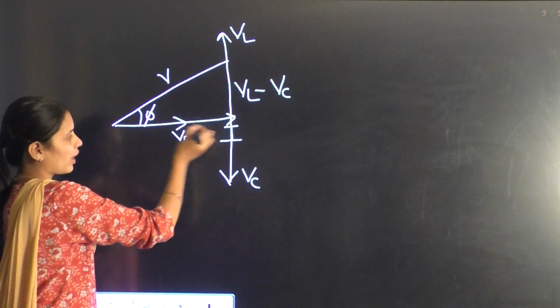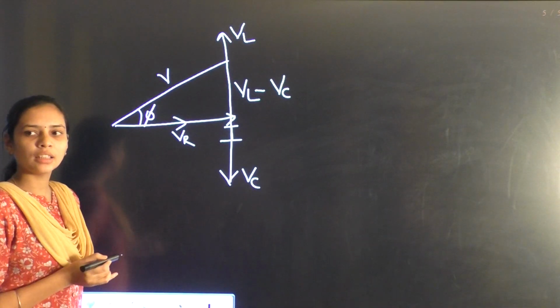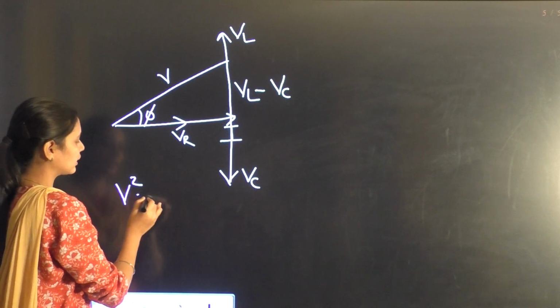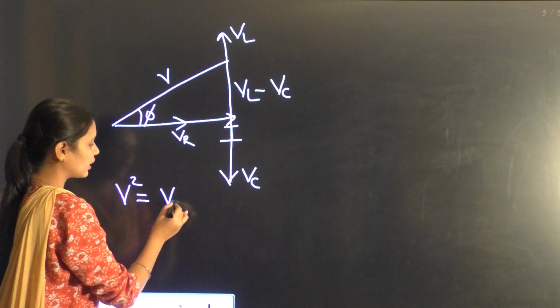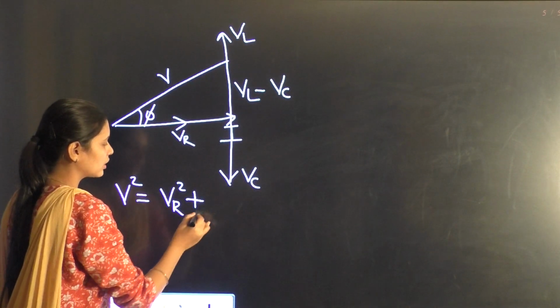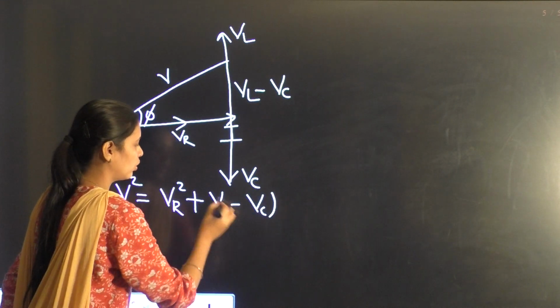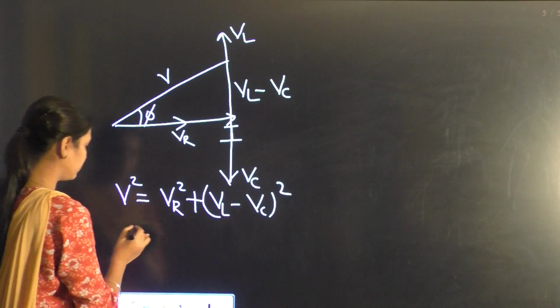So in this triangle, if I apply the Pythagoras theorem, I get V square is equal to VR square plus VL minus VC whole square.